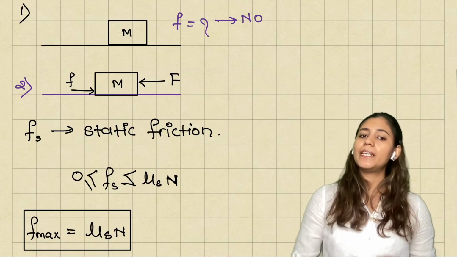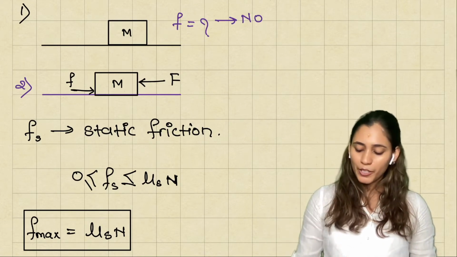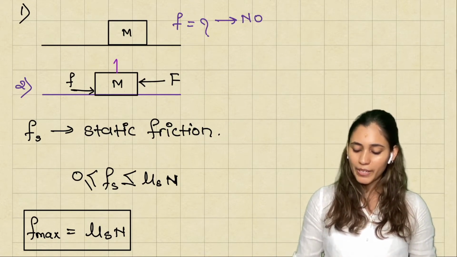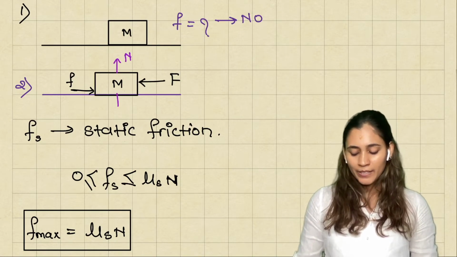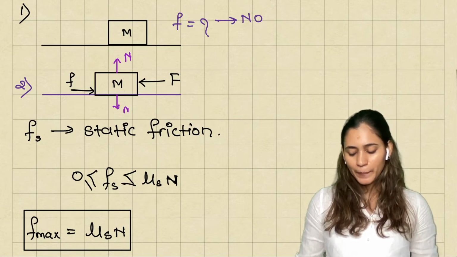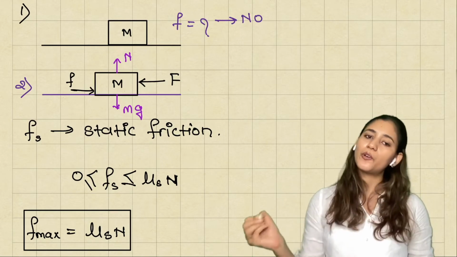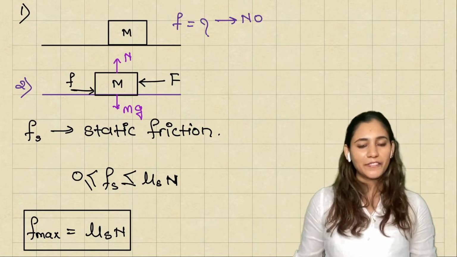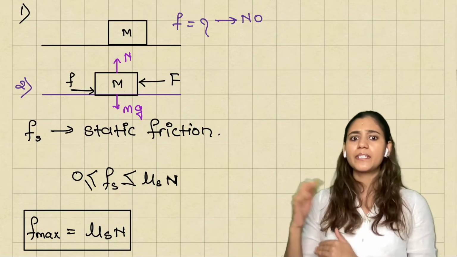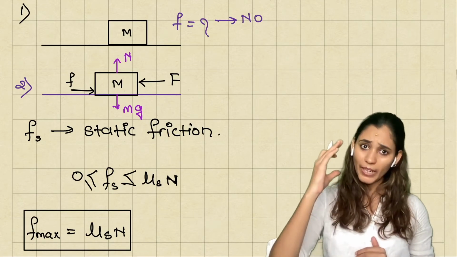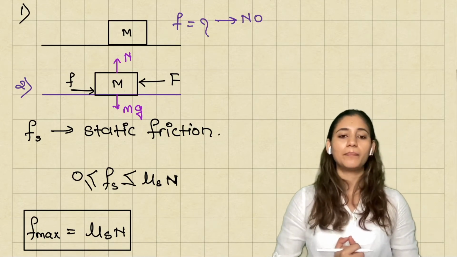If m is the mass of the object, the normal force will act in the upward direction, and the weight of the object acts in the downward direction, and the frictional force acts opposite to the direction of the external force applied on the block.